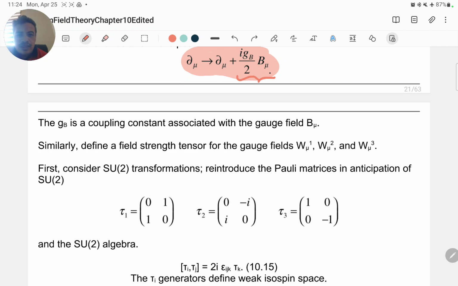By the way, the g B here is just a coupling constant associated with the gauge field B mu. And of course, the gauge fields W mu 1, 2, 3 will have a different strength compared to B mu, so we will denote it with another g.